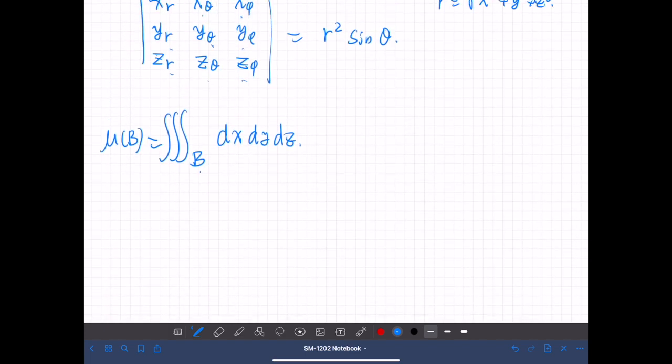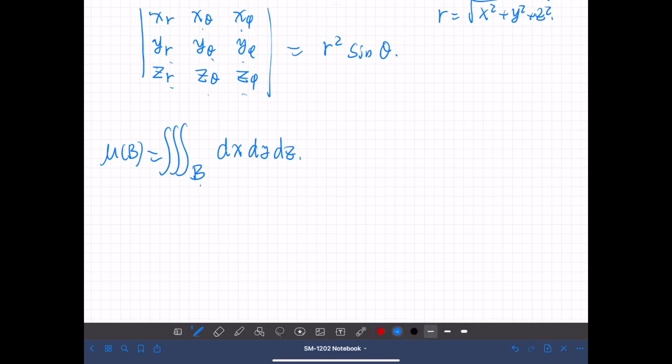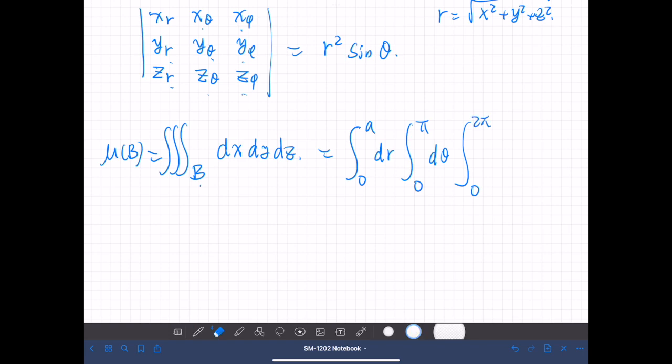In this case, this can be calculated as this. So r varies from 0 to a, theta varies from 0 to pi, and phi varies from 0 to 2 pi. But we have the Jacobian here, so that should be r squared sine theta d r d theta, oh wait, sine theta d phi actually.